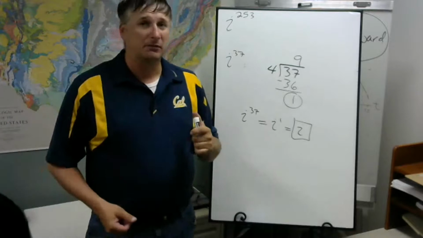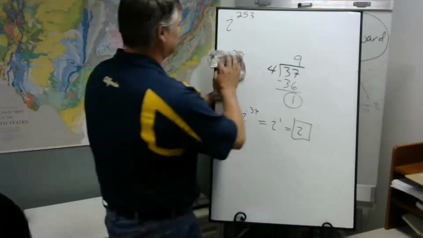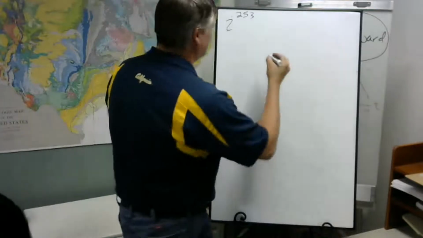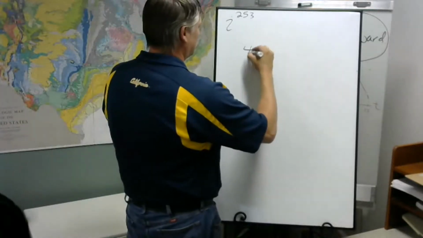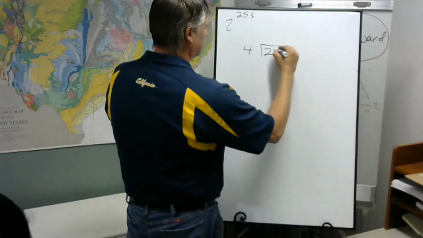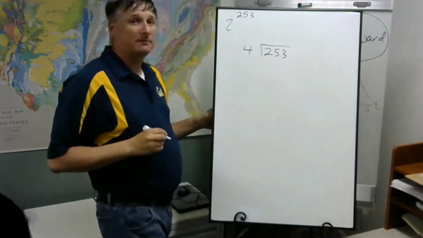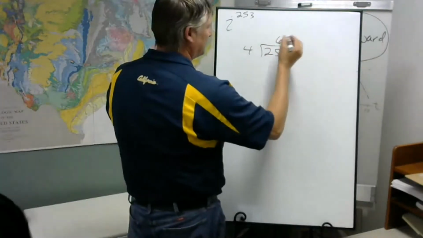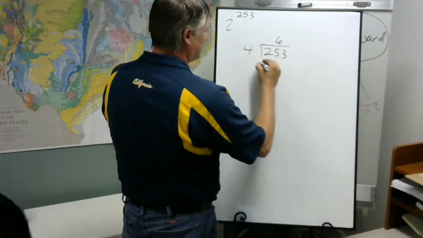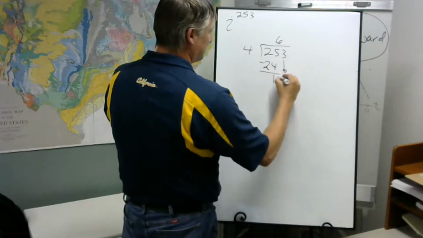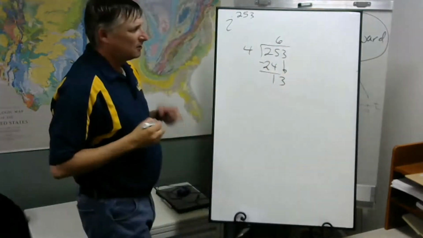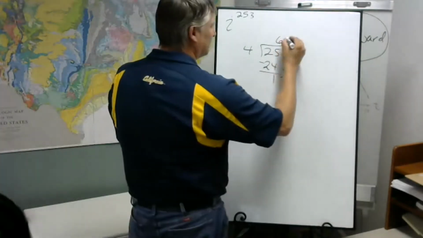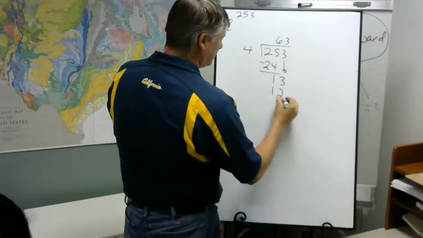So let's take a look at this. We divide this by 4. You're always dividing by 4. 4 goes into 25 at most 6 times. 6 times 4 is 24. Subtract, it's 1. Bring down the 3. 4 goes into 13 at most 3 times. 3 times 4 is 12.